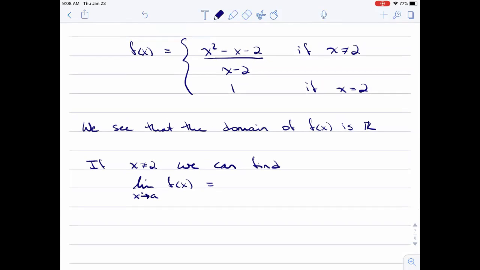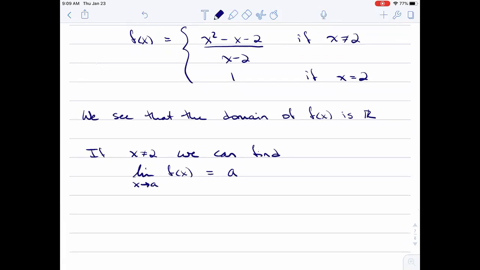Well, if it's approaching a, and it's not equal to 2, right, then I can just plug in, there's no reason to say that a minus 2 is going to be 0, right, because it just can't be 2. Right? And so then we can just say that it's going to be a squared minus a minus 2 over a minus 2, right, whatever that is. Okay. And so that's not really the problem.